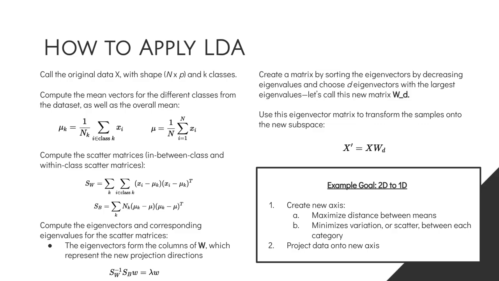It's computed as a weighted sum of the differences between each class mean and the overall mean mu. The between-class scatter matrix is given by this formula, where n sub K is the number of samples in class K, and mu is the overall mean of the data set.